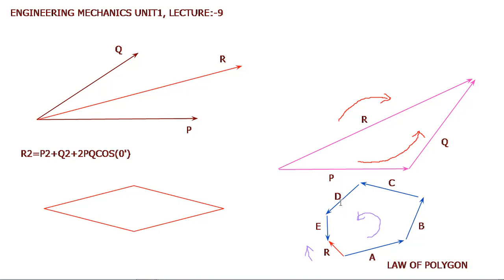A, B, C, D, E are the five forces in anti-clockwise direction, whereas the R force is in clockwise direction. You can see it here. So it represents the law of polygon.